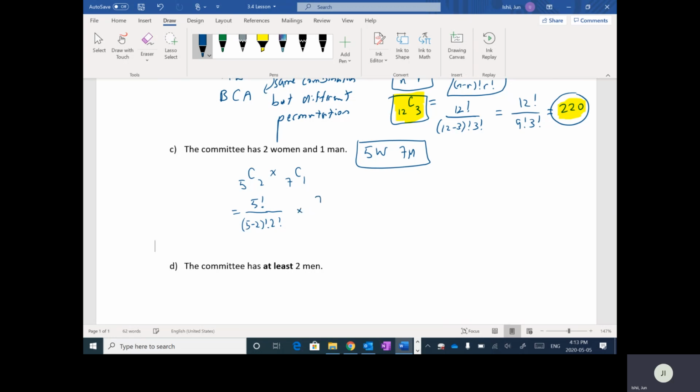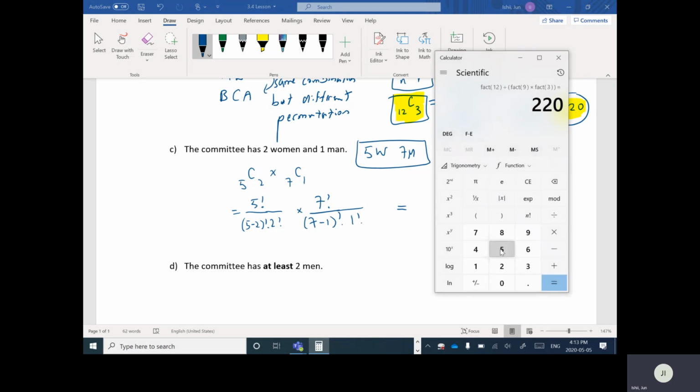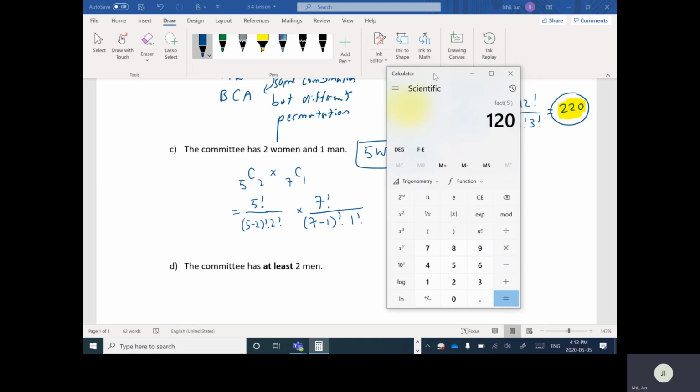And then we have 7 factorial divided by 7 minus 1 factorial and 1 factorial. So this is going to equal, what's 5 factorial? I think it's 120, but just make sure. Yep, so 5 factorial is 120.